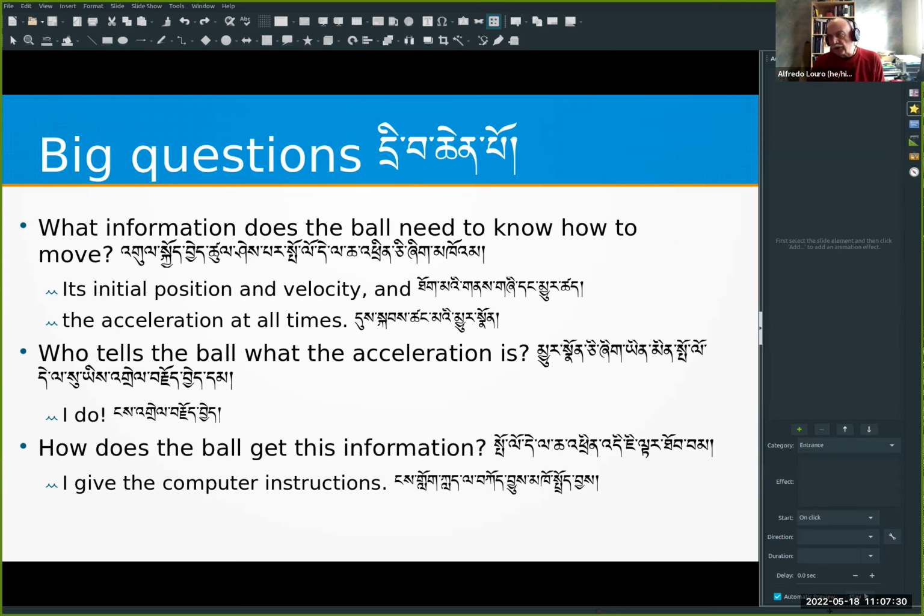From the acceleration, the computer can do the rest. The computer can update the velocity, and from the velocity, it can update the position of the ball.